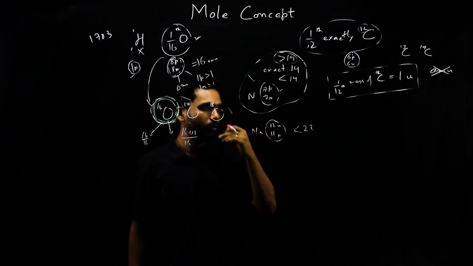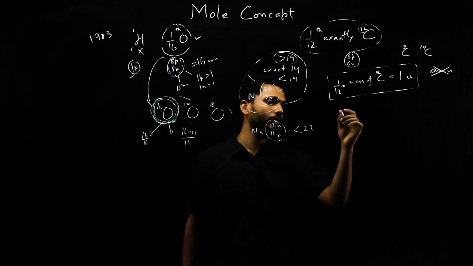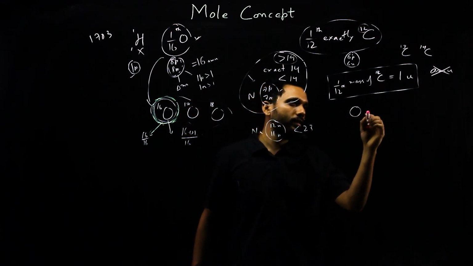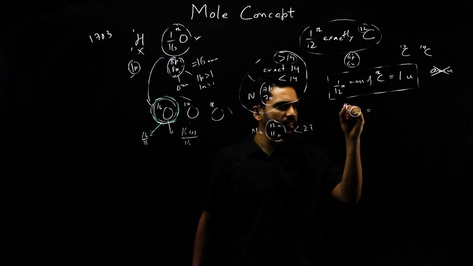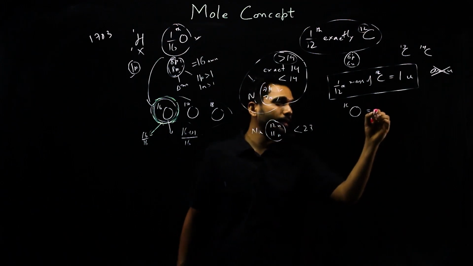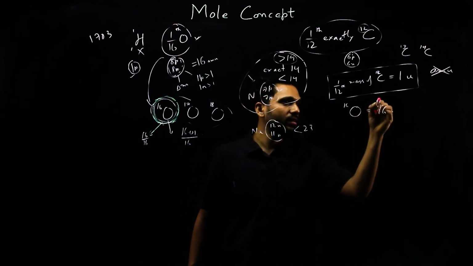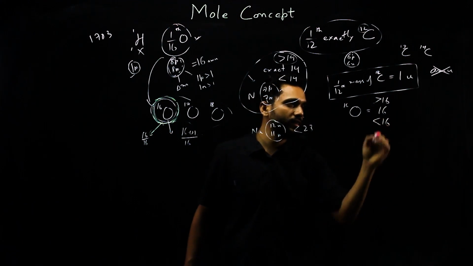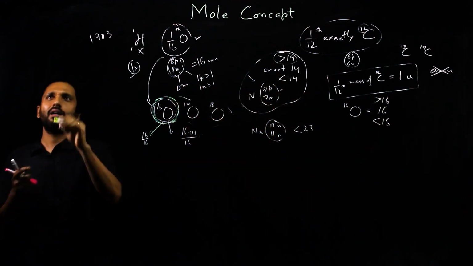What is being followed now? So may I ask you yet again, what would be the weight of oxygen in the periodic table? Say oxygen 16 itself, the isotope 16, what would be the weight? So will it be exactly 16 or less than 16 or greater than 16? Just do it.